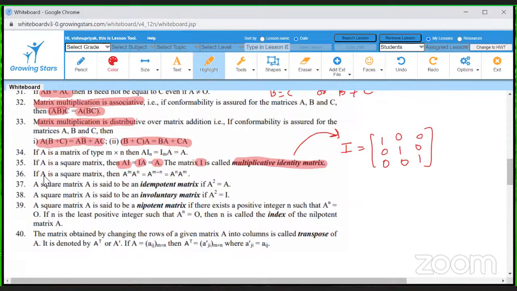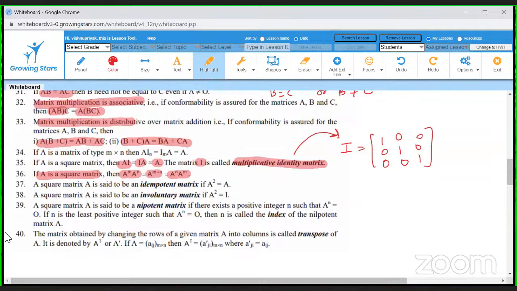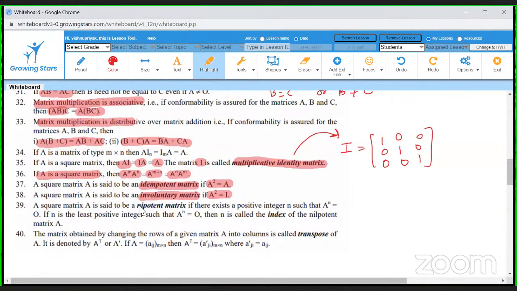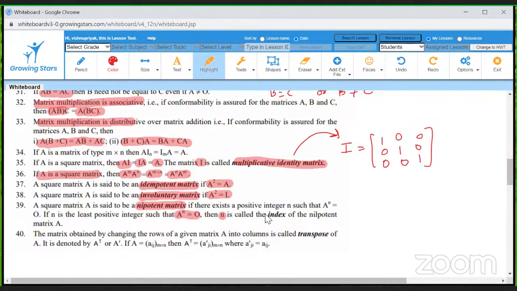Next, if A is a square matrix, A power M into A power N or A power N into A power M will be A power N plus M. Next, idempotent matrix means A square will be equal to A. Involutory matrix means A square will be equal to I. Nilpotent matrix means A power N equal to 0. And N is called index of the nilpotent matrix.